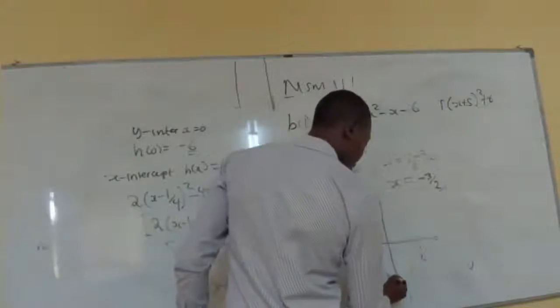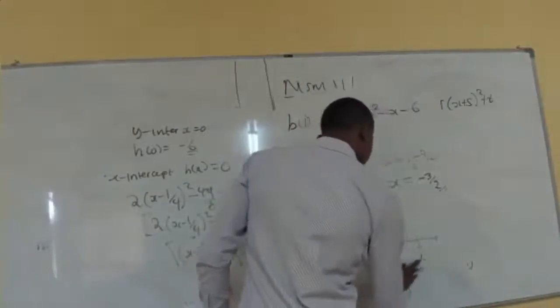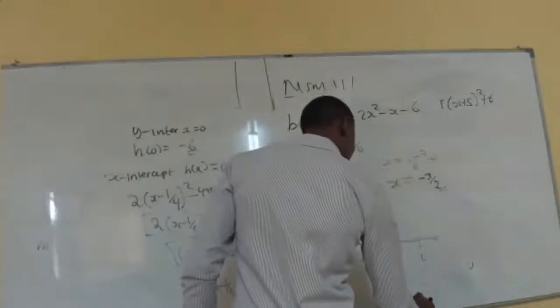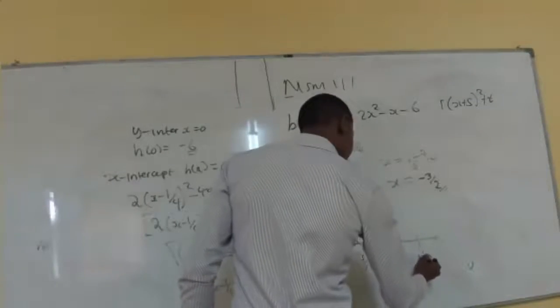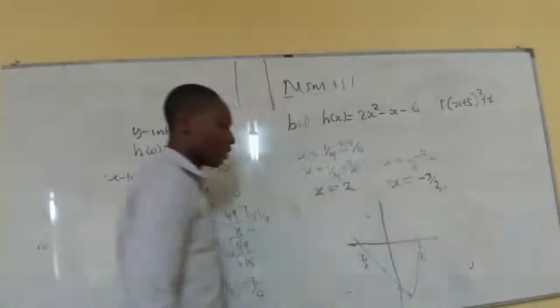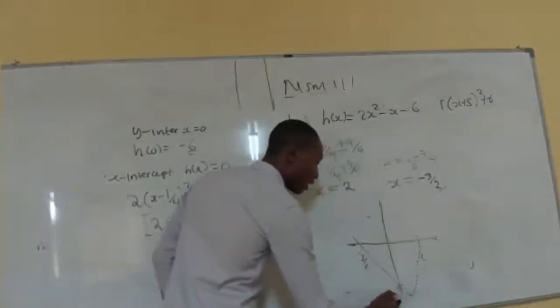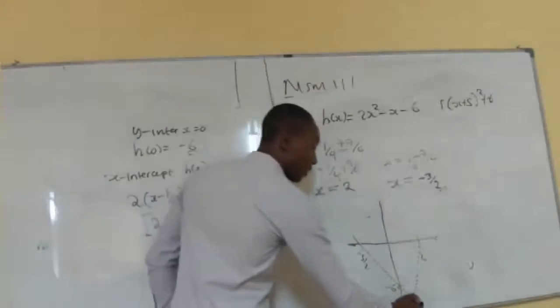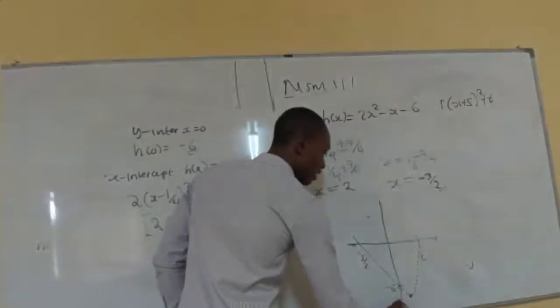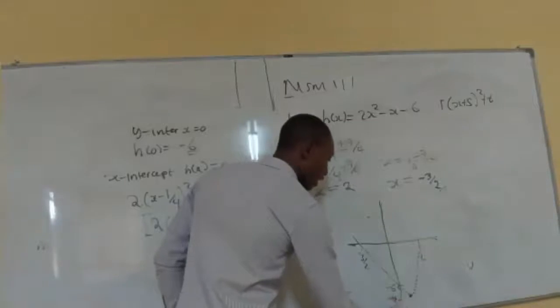So it's dotted, crosses there, turns. Okay, so what I mean is this point here is negative 6, right? And this point here is negative 49 over 8.